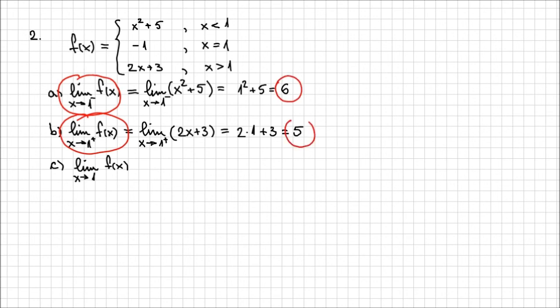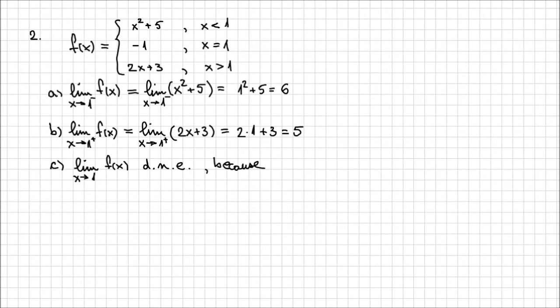And as we noticed at points A and B, that's exactly what we calculated, the left hand limit and the right hand limit for this function, and they exist, but they are not equal. So by definition, our limit of f of x when x approaches 1 does not exist. I'm going to write here also the motivation, because the left hand limit is different than the right hand limit.